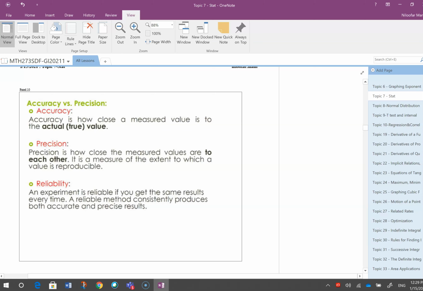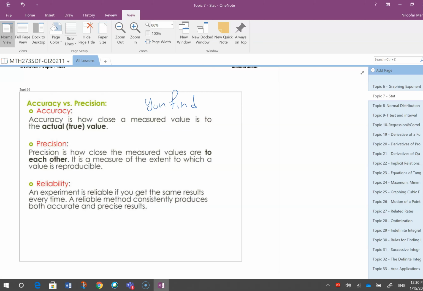I say the data is accurate if the measured value, what you find, for example in the lab, is close to the actual true value. The actual true value maybe comes from your teacher, maybe from the lab manual, maybe it's written on the sample. Sometimes we don't have access to the actual value.